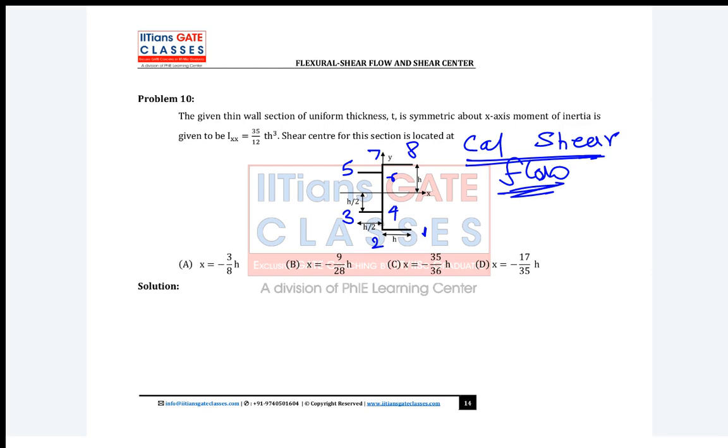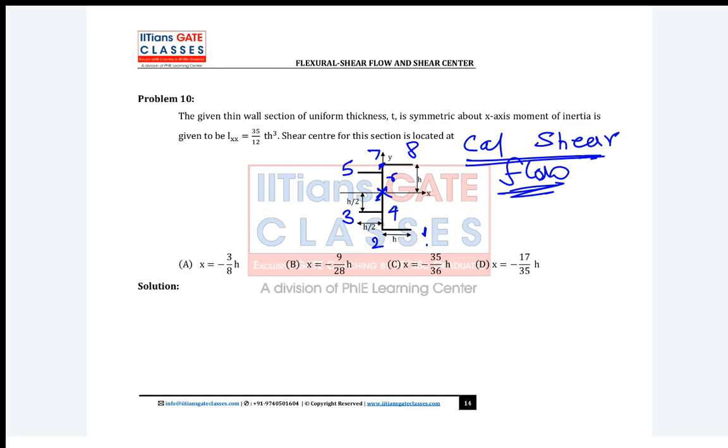Anyone else? 7 means it will contribute 1 to 2, 3 to 4 and 5 to 6, so 7 will not be right. 4 or 6? No. The best will be the symmetric point, the origin. Exactly, because I can use symmetry twice. I just find 1 to 2 and 3 to 4 and use symmetry. Clear, Akshat?